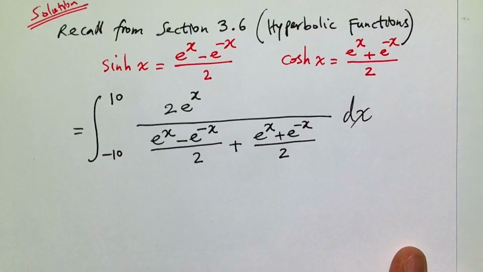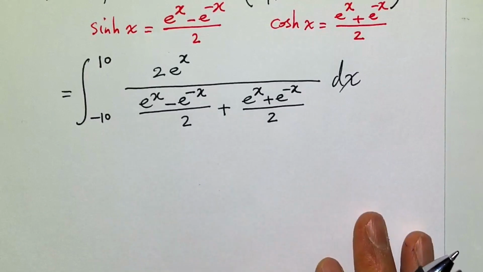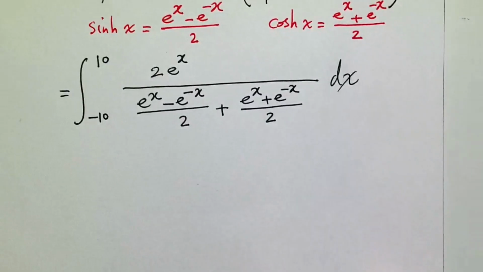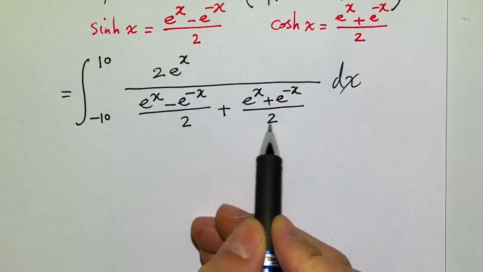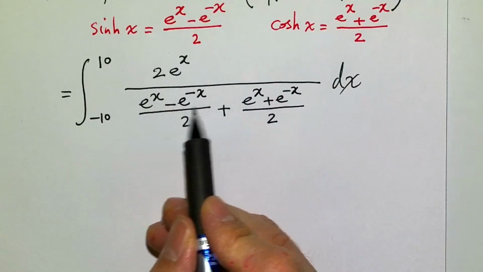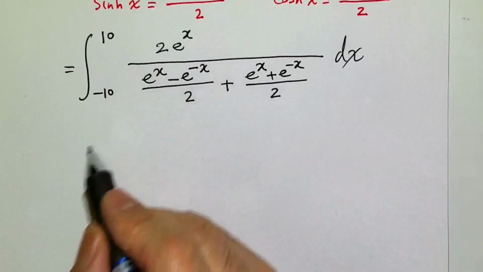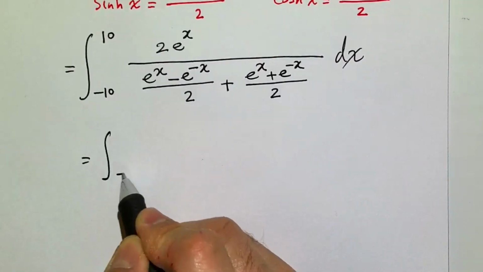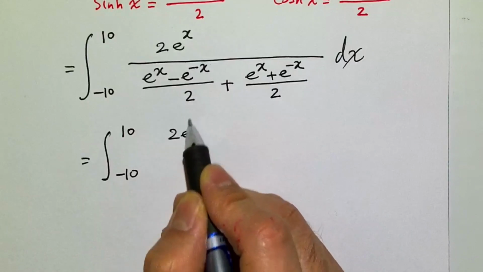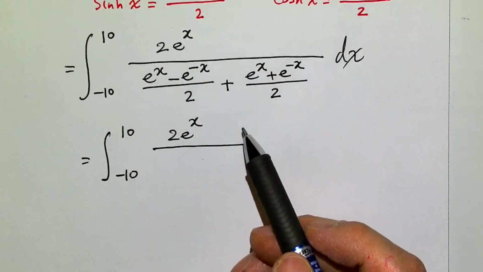All right, so now this is just a complex fraction. We have plenty of things to simplify here. You can see right away that because we already have the common denominator, we can add and subtract what we have in the numerator. So we have 2e to the x in the numerator. In the denominator, what do we have?